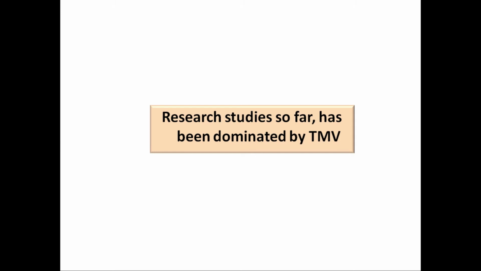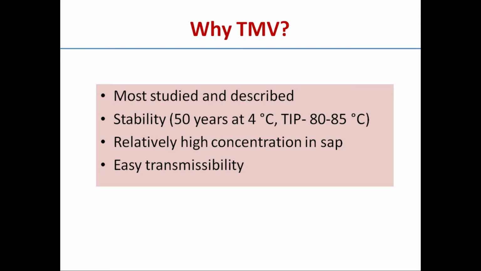So far the researchers have concentrated mostly on tobacco mosaic virus. So why is tobacco mosaic virus the most studied and described plant virus? Because of its stability. It can be stored for 50 years at 4 degrees Celsius. And the thermal inactivation point is 80 to 85 degrees Celsius.